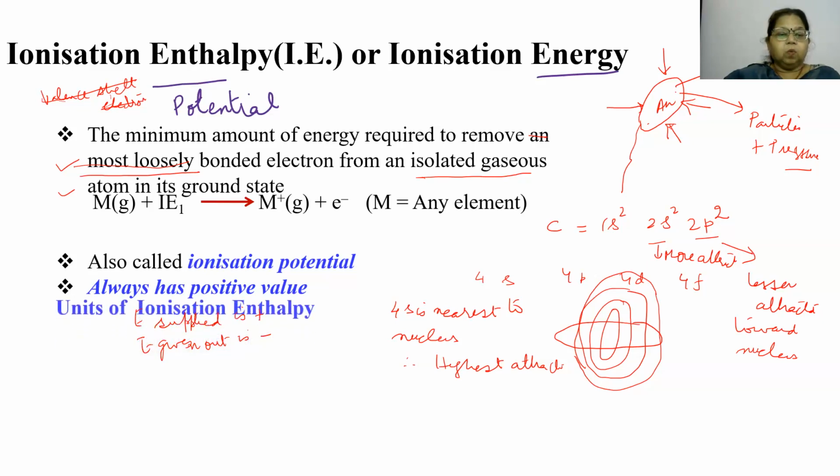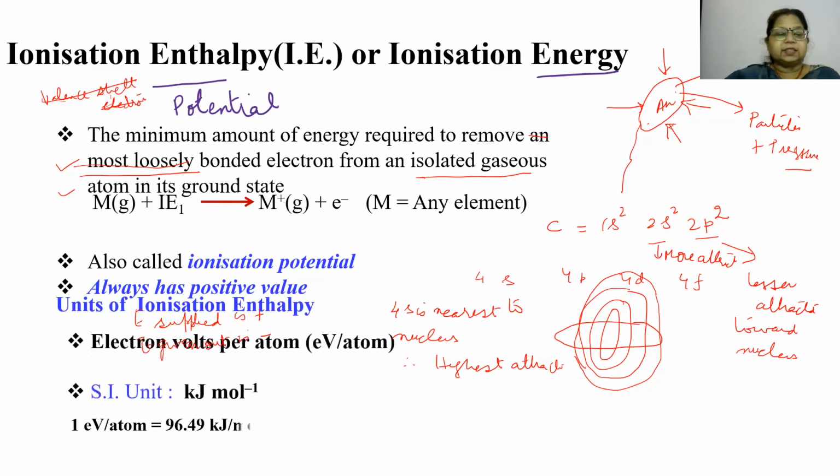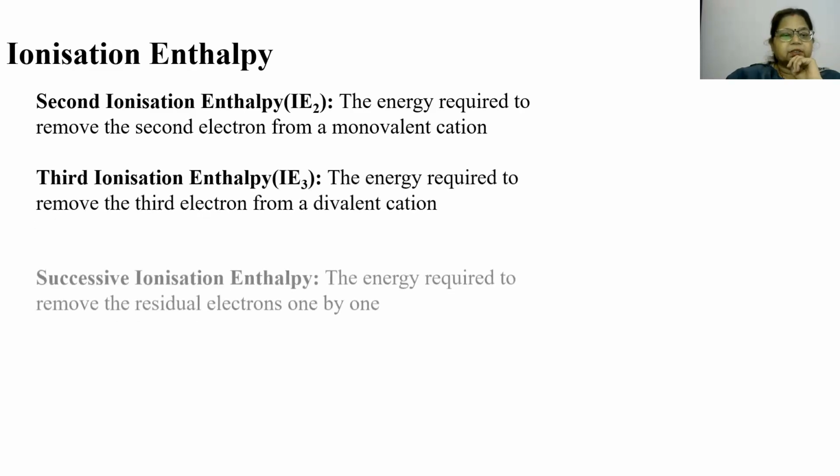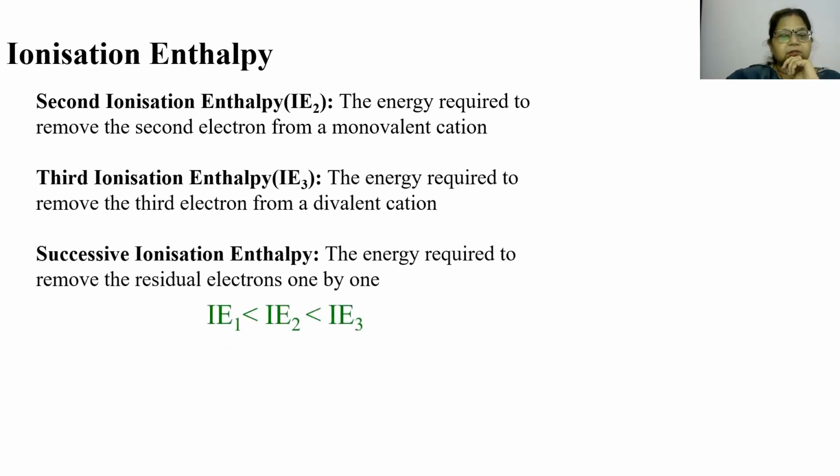Moving on, what are the successive ionization energies? Is this concept clear of successive ionization energies? I1, I2, I3. Can somebody tell me out of I1, I2, and I3, which one will be higher and why?